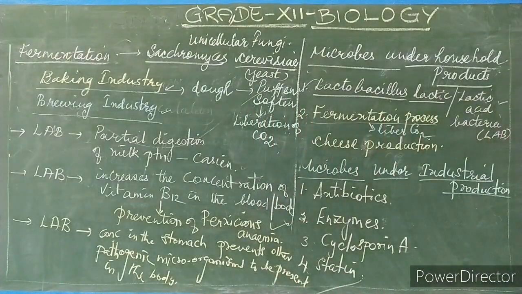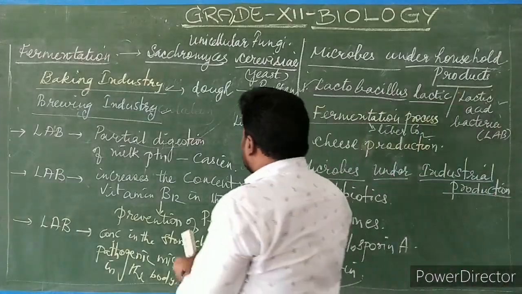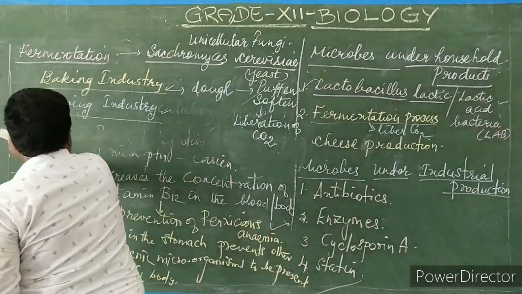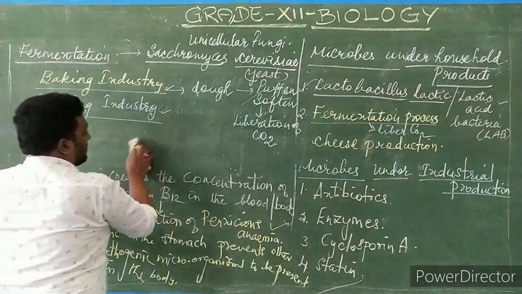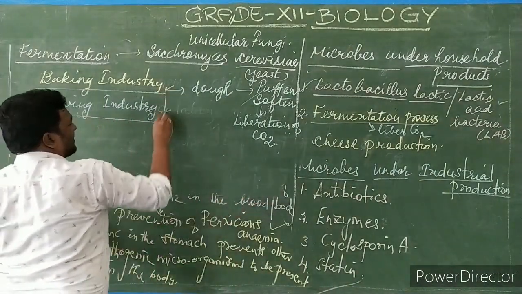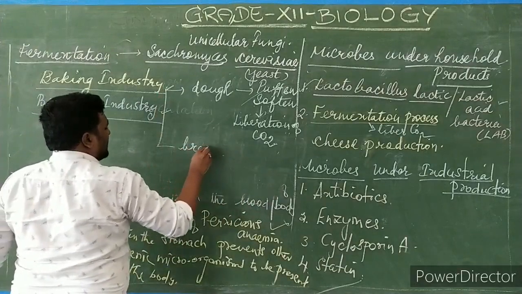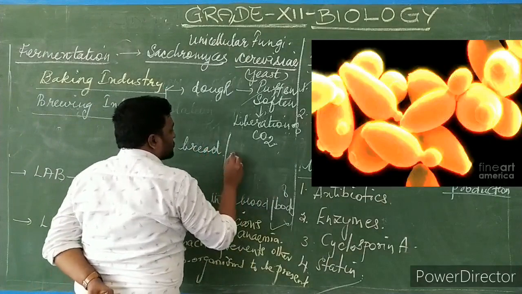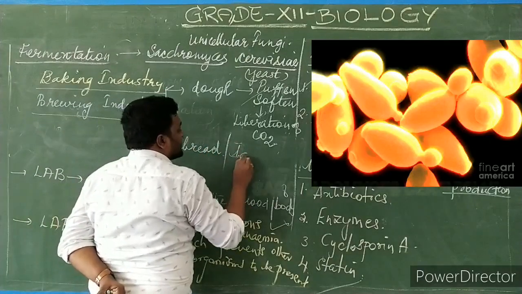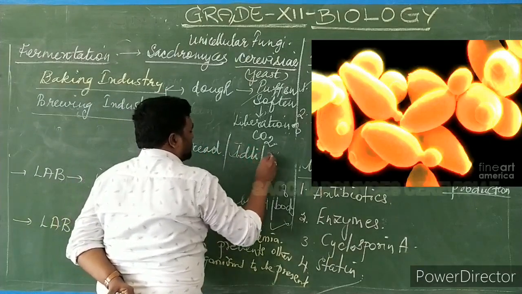So therefore you can see the holes. Not only in bread manufacturing, but also in rice flour to make idlis and dosa.